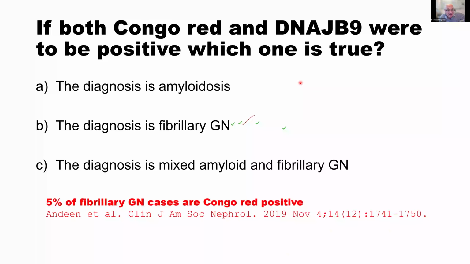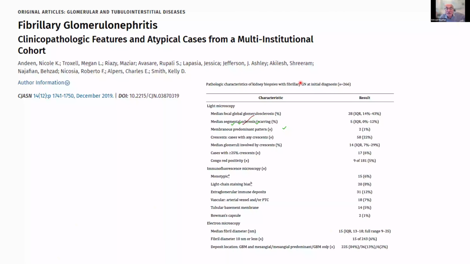As I said, DNAJB9 is very specific, and about 5% of fibrillary GN cases are indeed Congo-Red positive as well. But it's not the other way around for amyloid. So the way that we're currently classifying these is this way. Even if Congo-Red positive, as long as DNAJB9 is positive, we're going to call it fibrillary GN. And that is confirmed by mass spec as well.